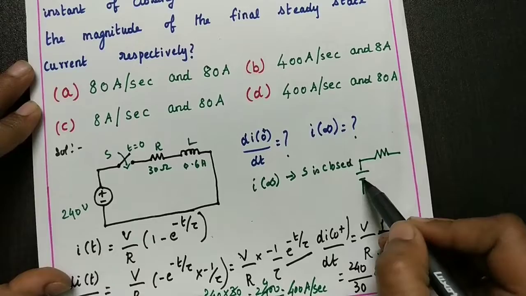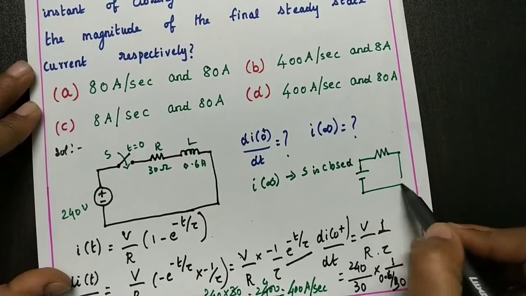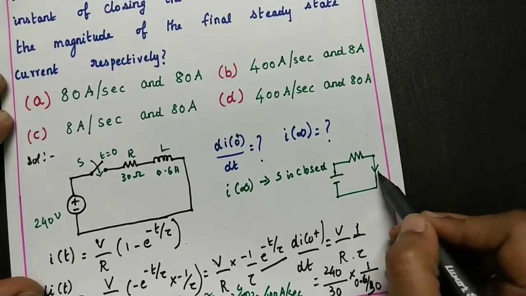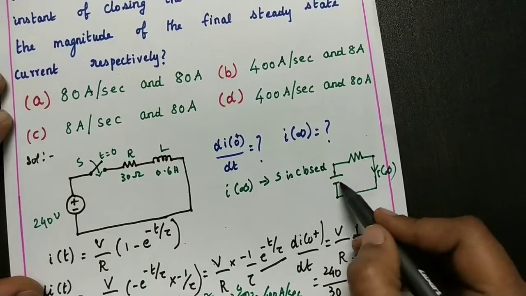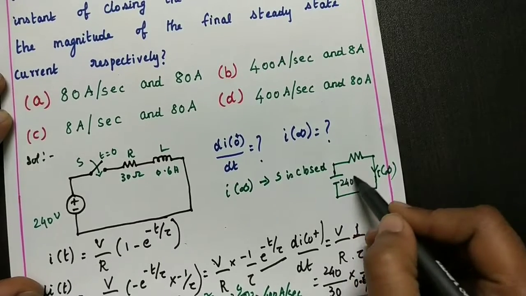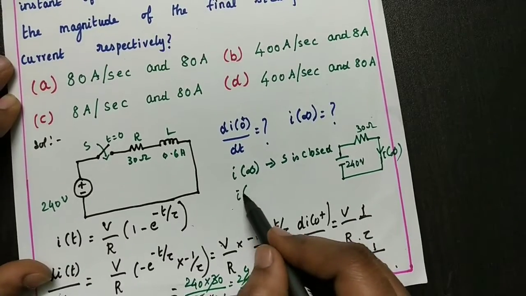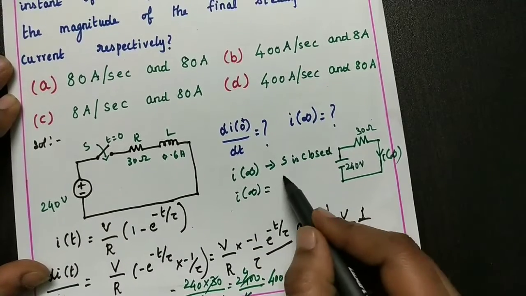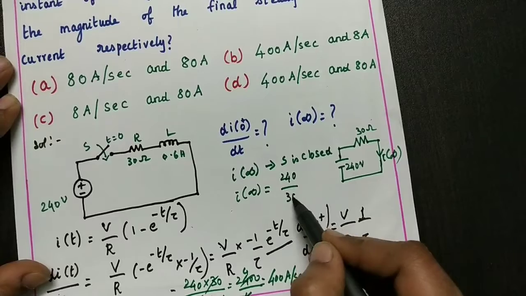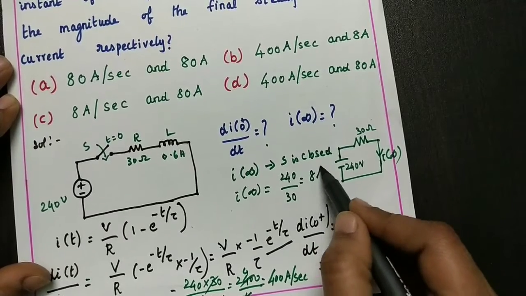The circuit will be like this, because the inductor is short circuit. This is I of infinity, with 240 volt and 30 ohms. So we can find I of infinity directly as 240 by 30, that is equal to 8 amps.